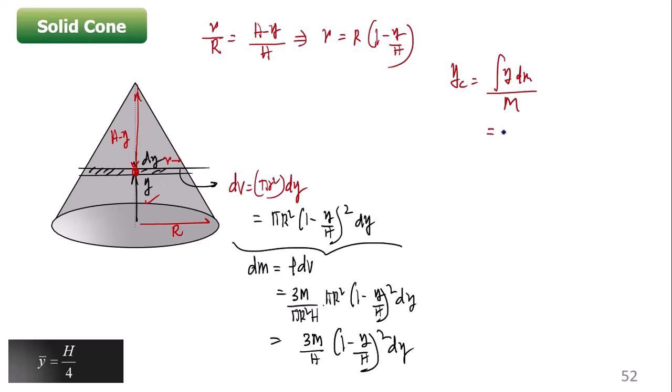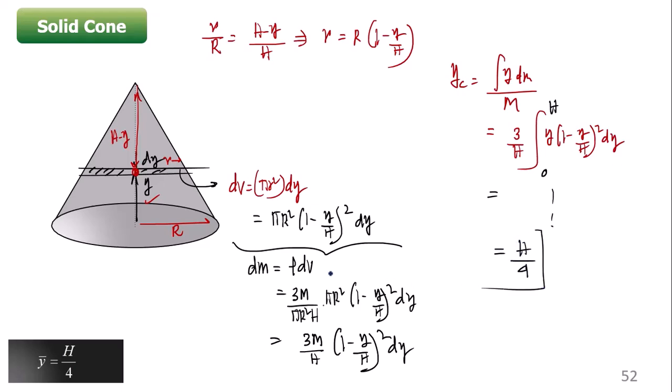Ultimately m will cancel out, so I am left with 3 by h into y into 1 minus y by h whole square into dy. Now what is the limit of y? Starting from 0 to capital H. Once you do the simplification, ultimately you will get the answer.